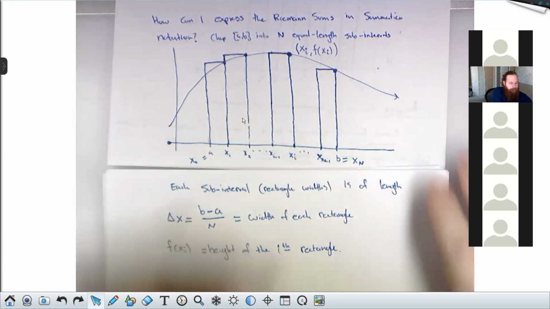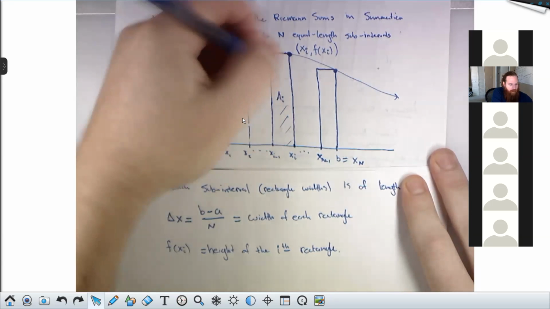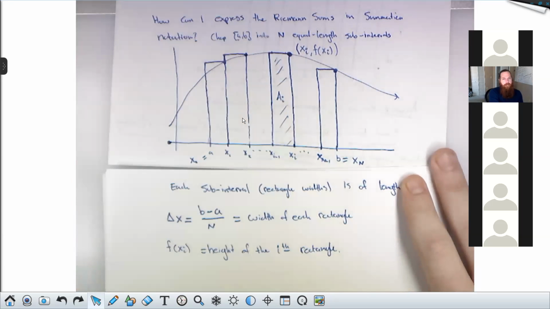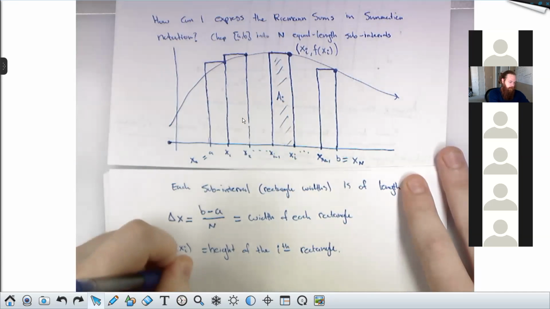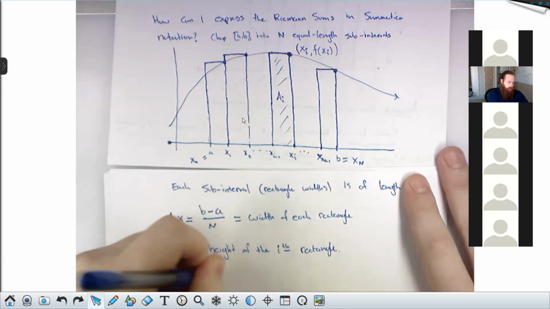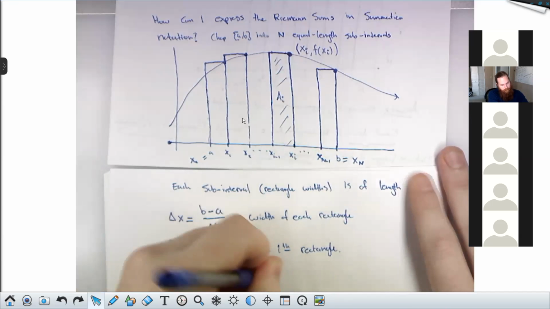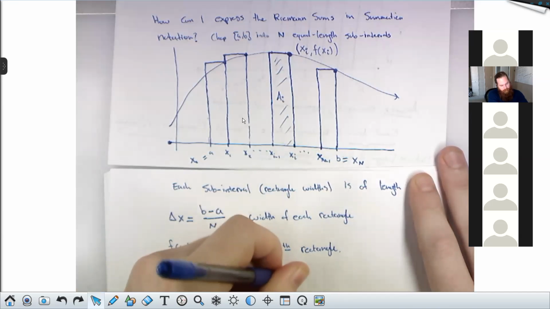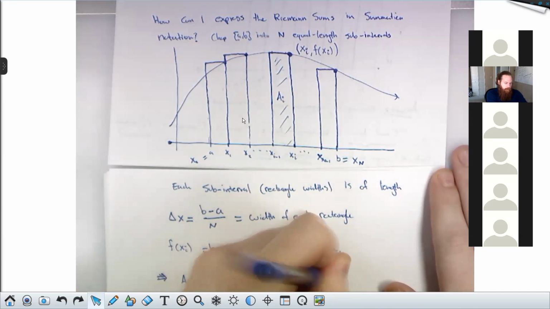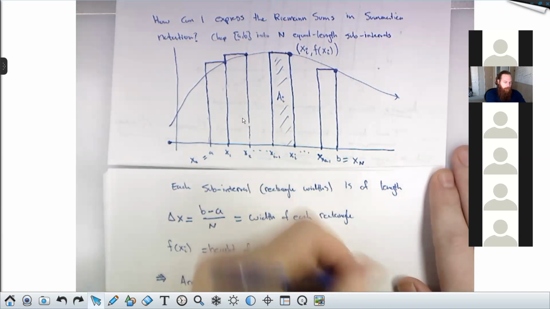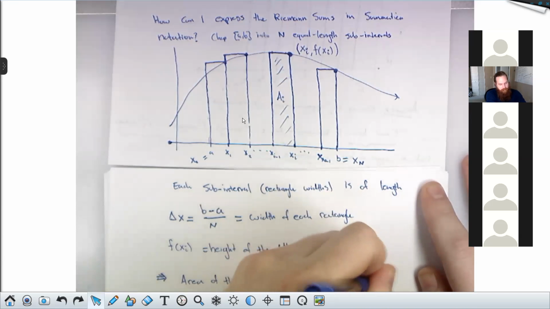So then the area of the ith rectangle, I'll call that Ai, is the height times the width. It's f of xi times delta x.